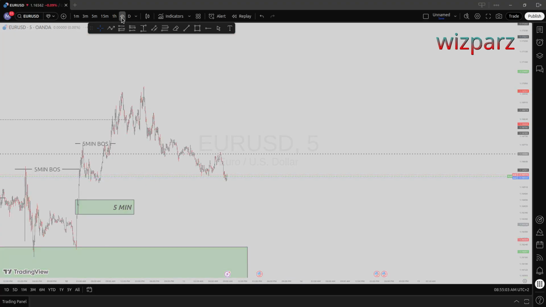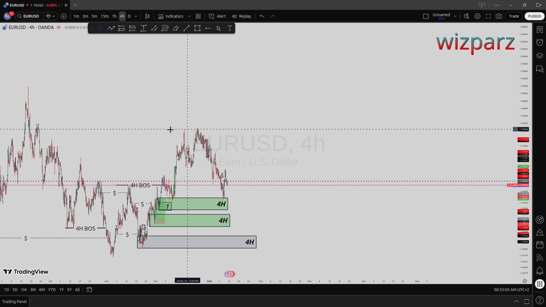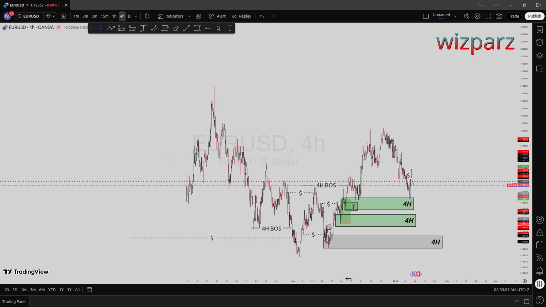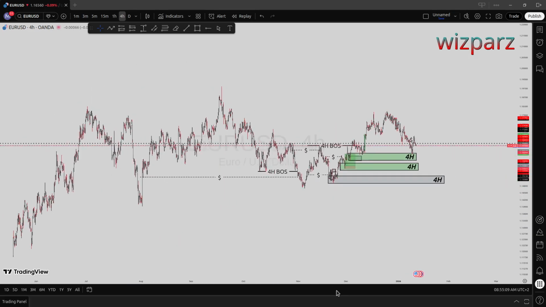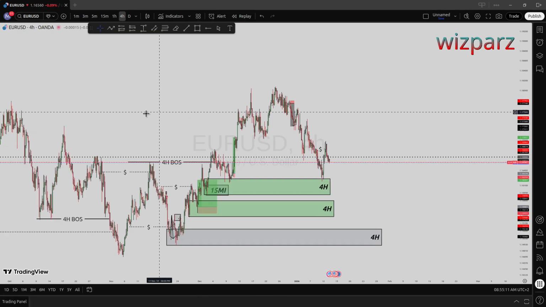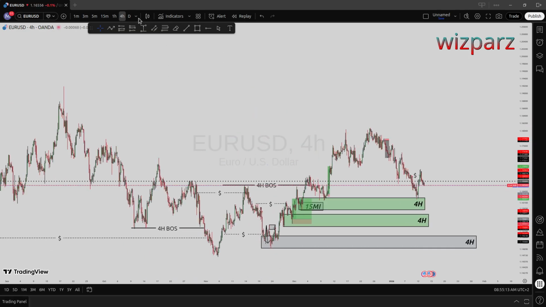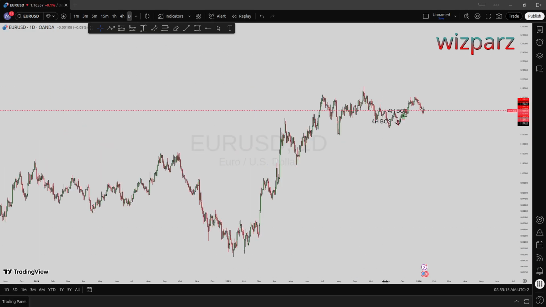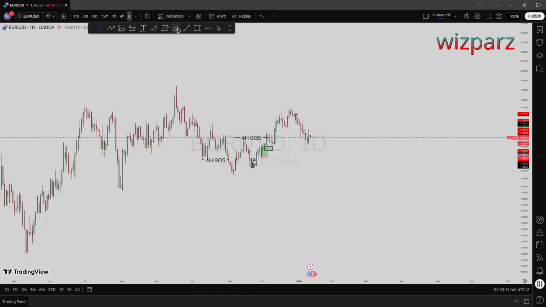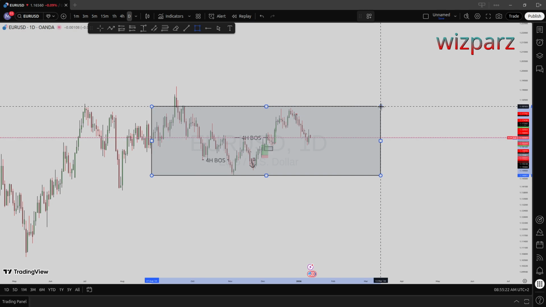And if we go to EU, as you can see, EU is still in consolidation on this time frame. There is no clear direction for EU.